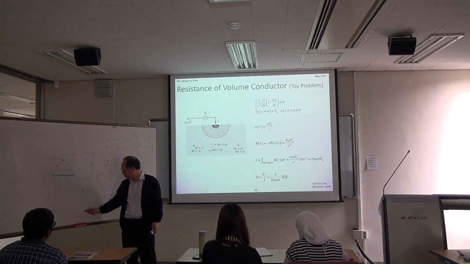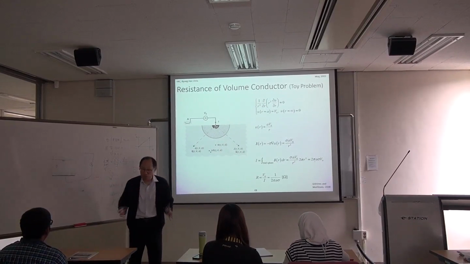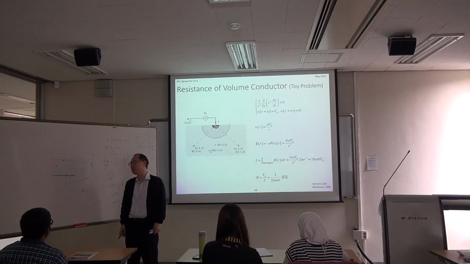So even though the conductivity down here is very different from the conductivity near here, let's say the conductivity near this electrode was sigma and the conductivity down here was 1000 sigma, it doesn't matter. Because the current flowing here is so small, there is no sensitivity.